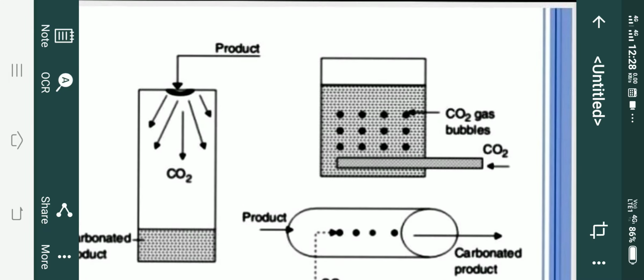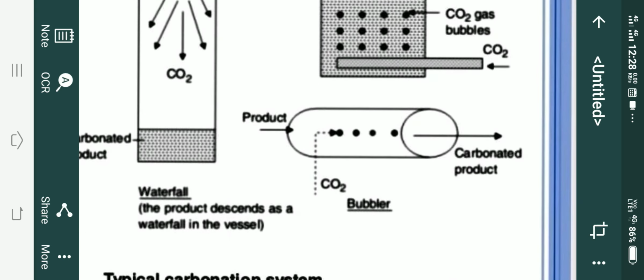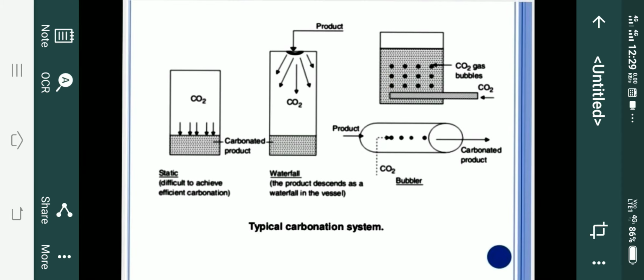Now this is the product. Carbon dioxide gas bubbles are there, which produce fizz. So basically this procedure takes place from here. The product, that is soft drink, is going from here. The bubbler is adding the carbon dioxide into the liquid product, and here we are receiving the carbonated product. So this is the typical carbonation system.